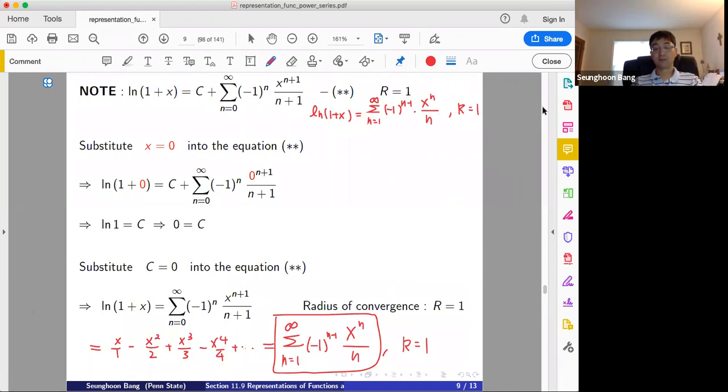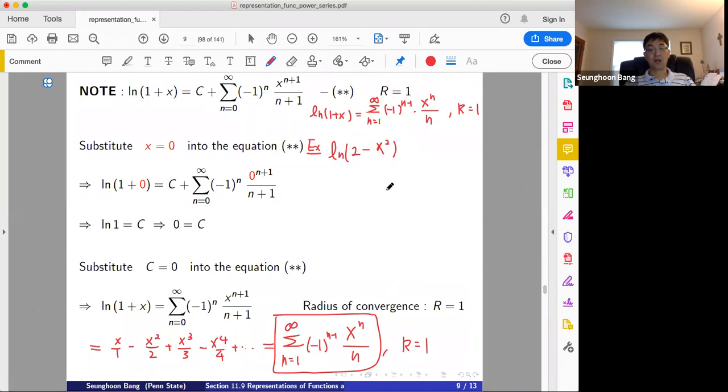You got it? So one more. I'm going to give one more example. How can you find the power series representation of ln of 2 minus x squared? Do you have any idea?